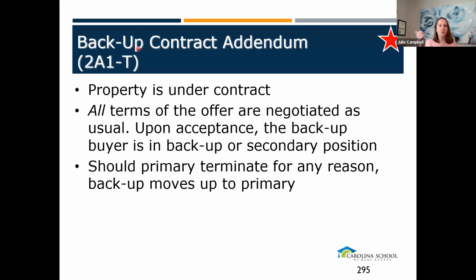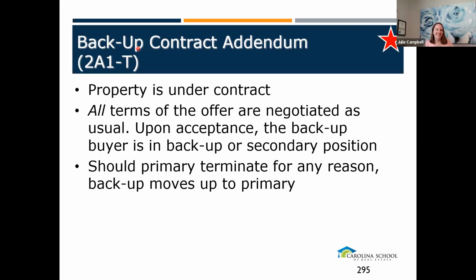They're going to negotiate the purchase price and the due diligence and the earnest money, seller pay closing costs, home warranty. We're going to negotiate the terms as we always would. But we're going to add this backup contract addendum that puts the buyer in the backup position. And basically what it says is if the primary terminates for any reason, the backup's up. The backup gets moved to the primary position.